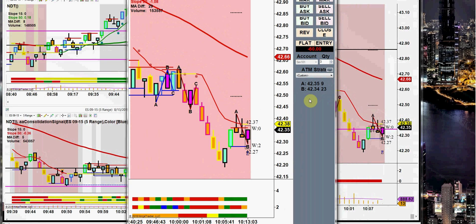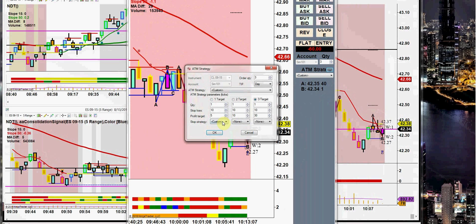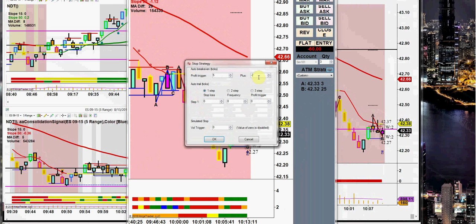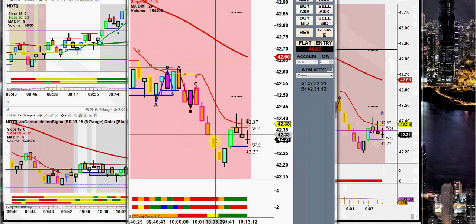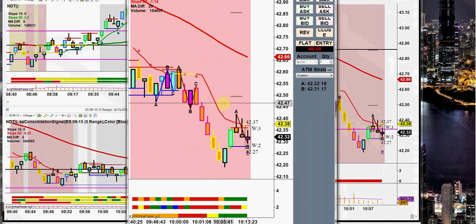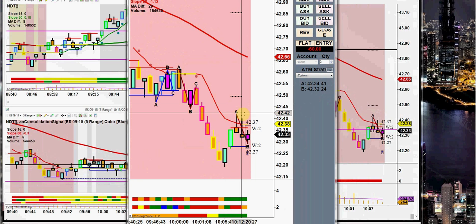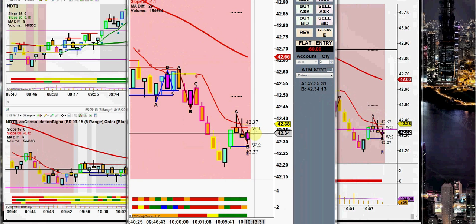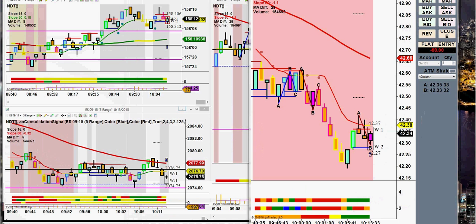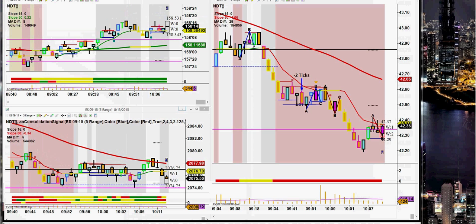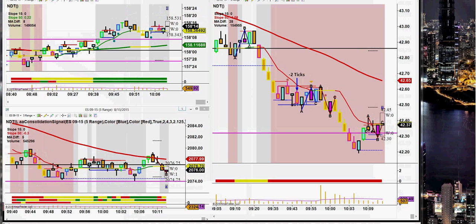Stop filled. Alright, so we ended up hitting our first target. Actually, looks like we should have been at break even -2. The reason it didn't do it automatically is because I was holding the stop level when the market moved down to our first target. Again, this is my initial time trading this, so I'm learning.